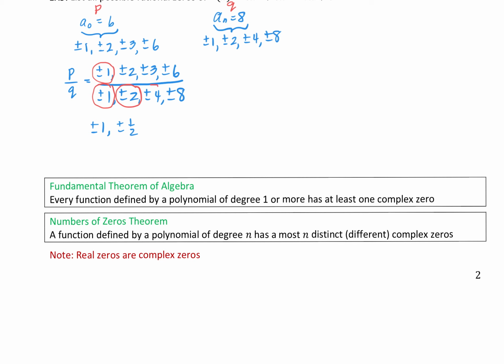Plus and minus 1 over plus and minus 4 will give us plus minus 1/4. And then plus minus 1 over plus minus 8 gives plus minus 1/8. And we'll do the same thing with the 2 in the numerator. So 2 over 1 would be plus minus 2.